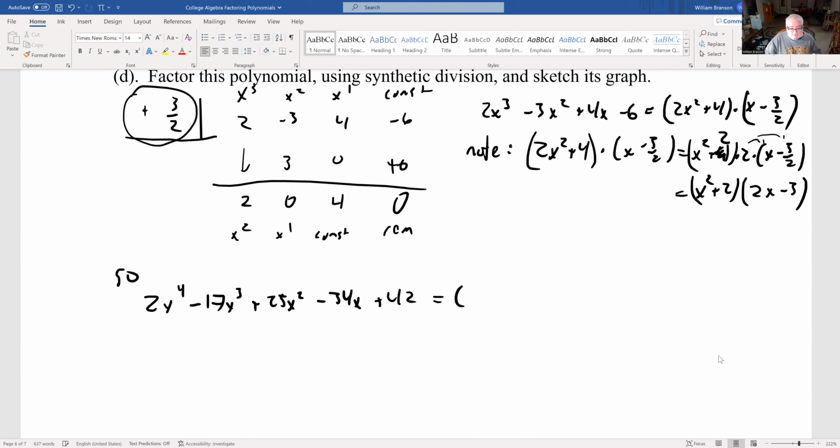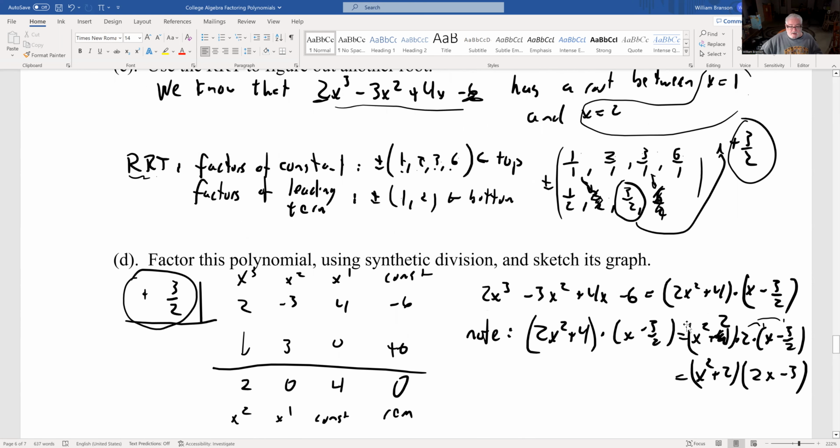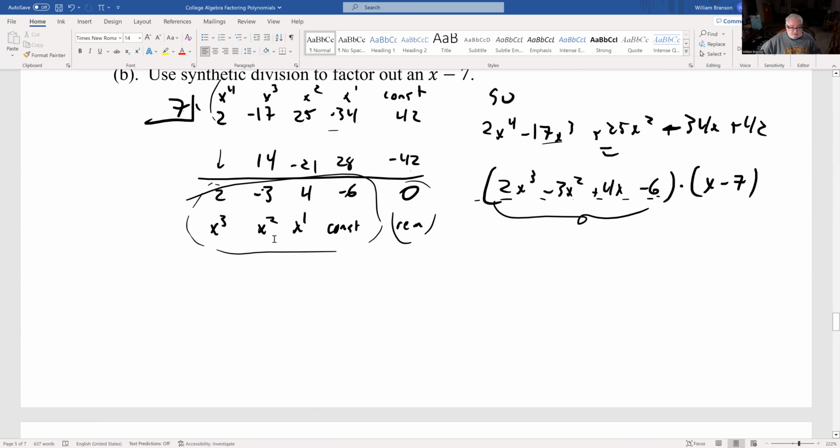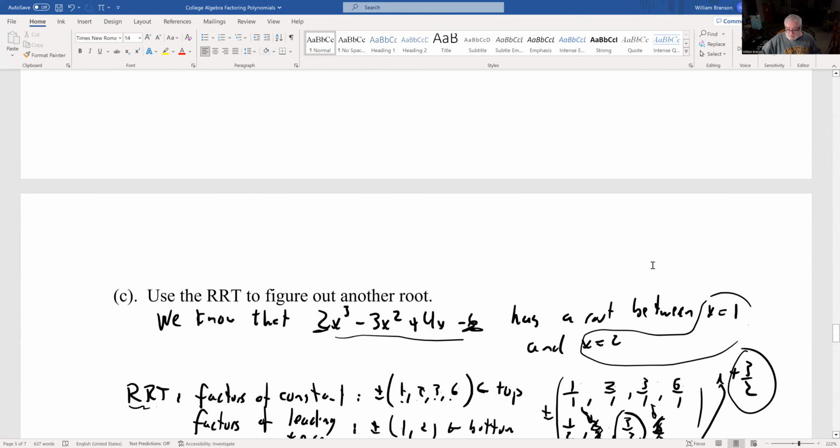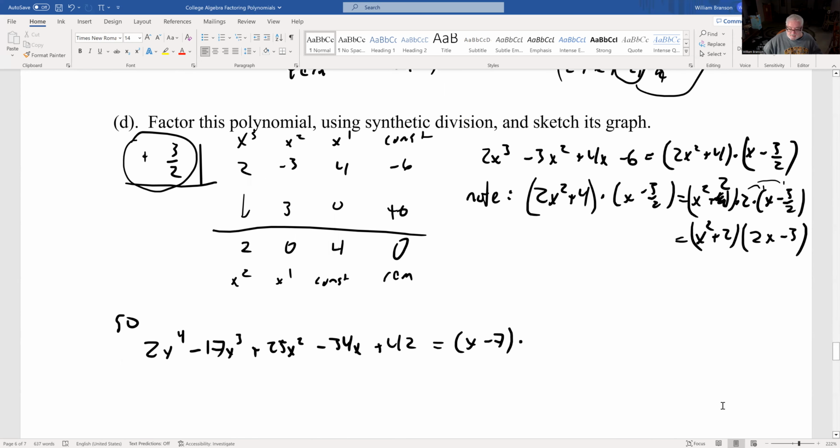We showed that you could factor out an x minus 7. And when we factored out an x minus 7, we got this polynomial. And then we showed we could factor out of that polynomial a 2x minus 3. And then what's left after that is an x squared plus 2.